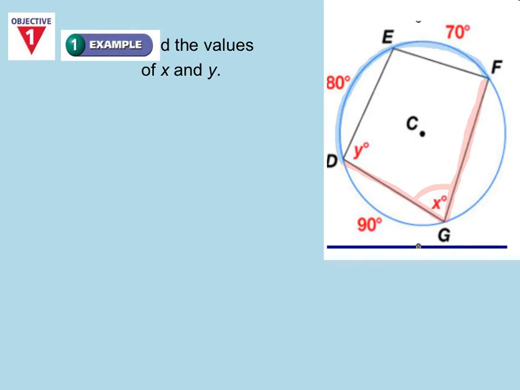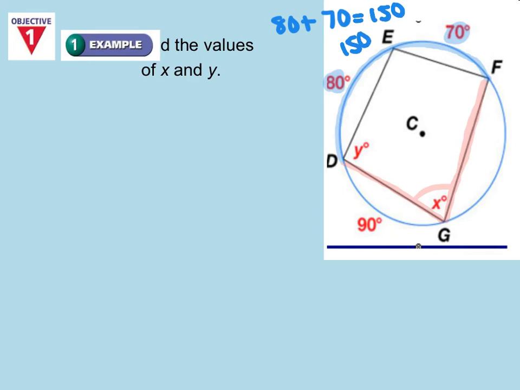Now, if I want to find the measurement of that arc, I'd have to add the 80 plus 70 because it's combining both of those measurements, which gives us a value of 150. So the measurement of this arc is 150.